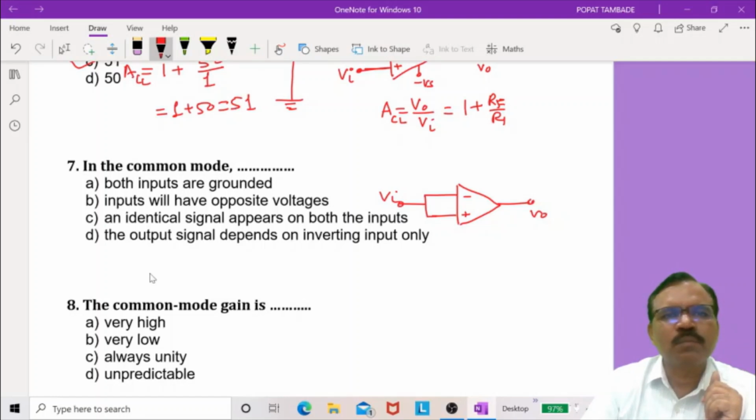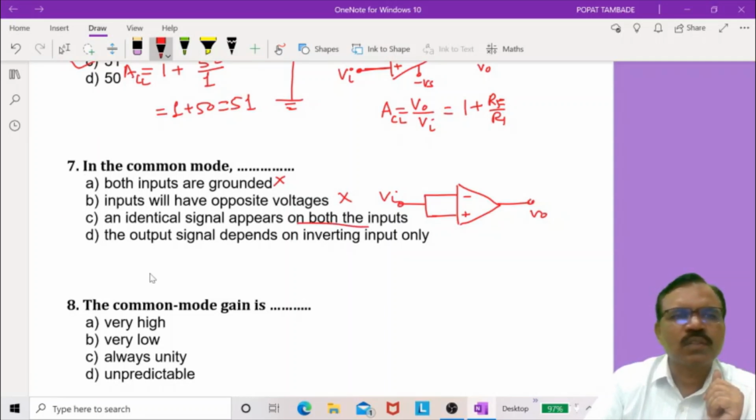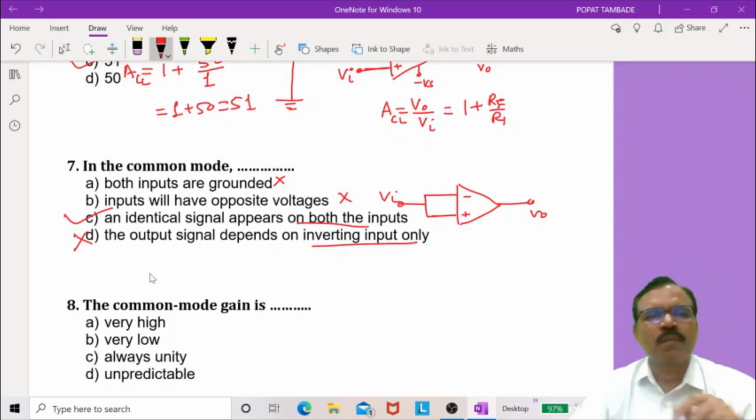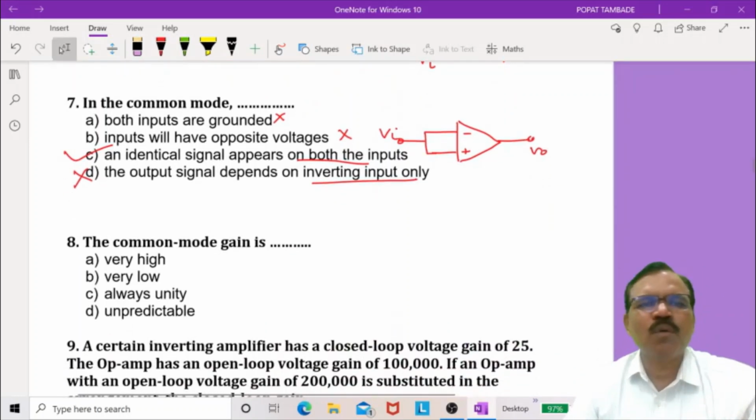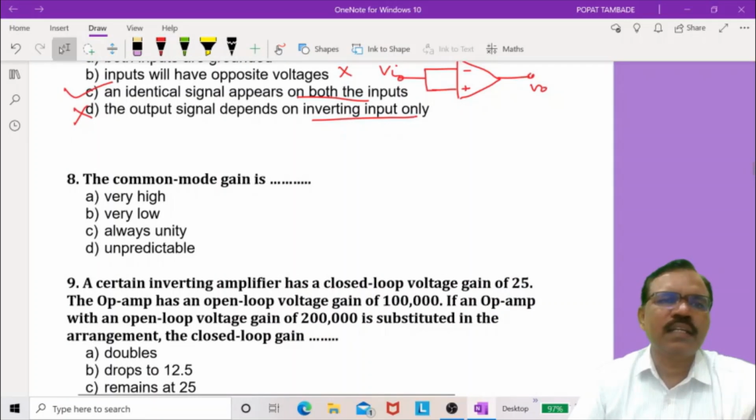So here, both inputs are grounded, no. Inputs will have opposite voltages, no. An identical signal appears on both the inputs. So this one is correct. The output signal depends on the inverting input only, no. The common mode gain is generally very low.